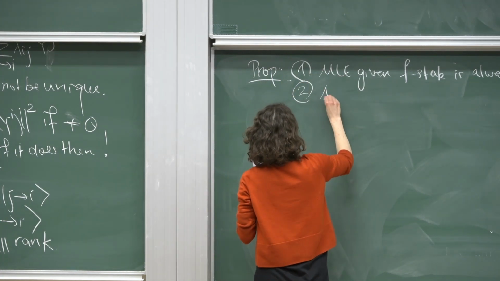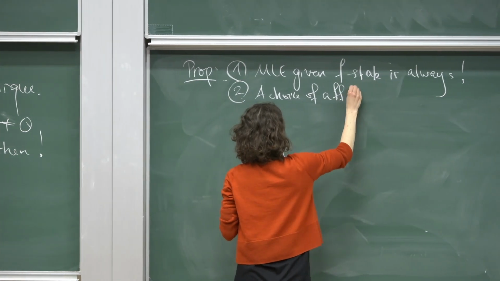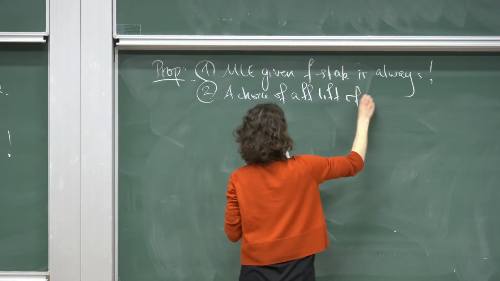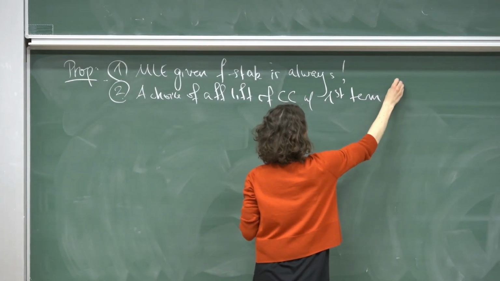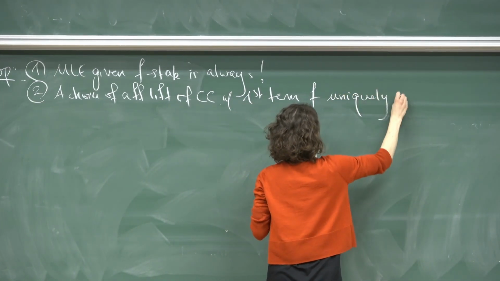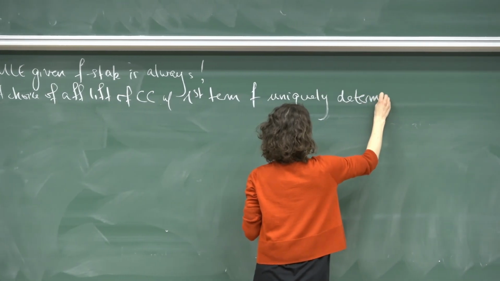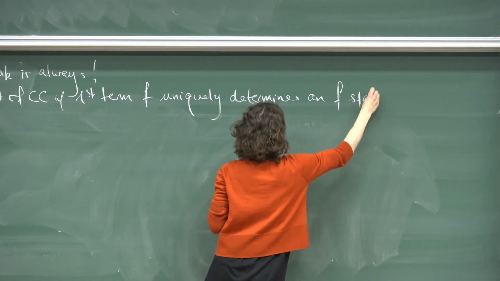So a choice of affine lift of a complete collineation with first term F uniquely determines an F stabilization.